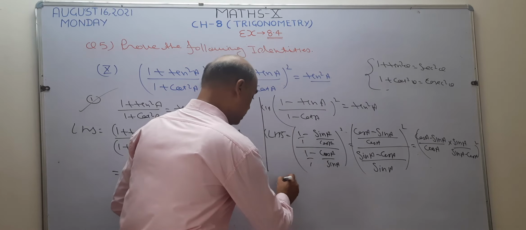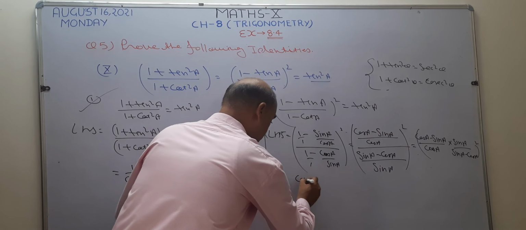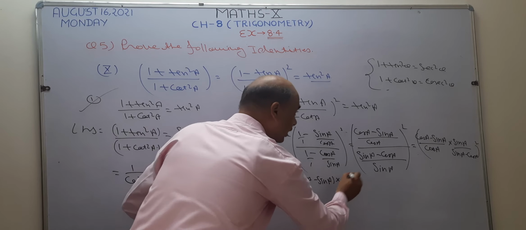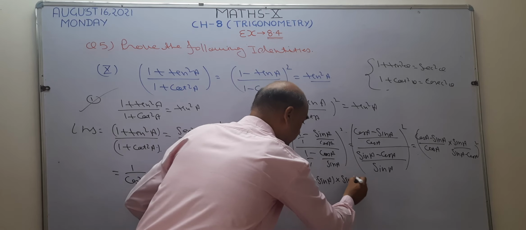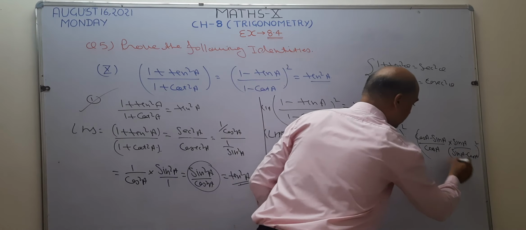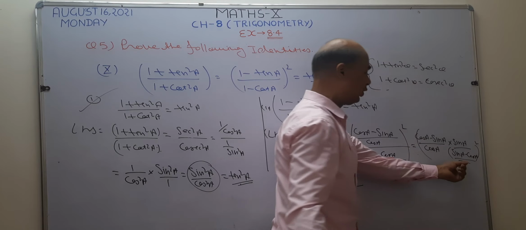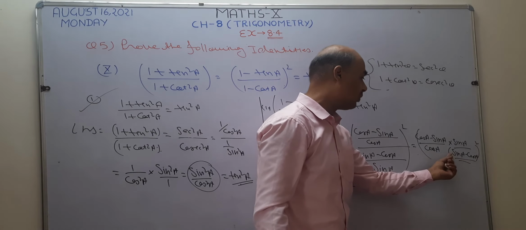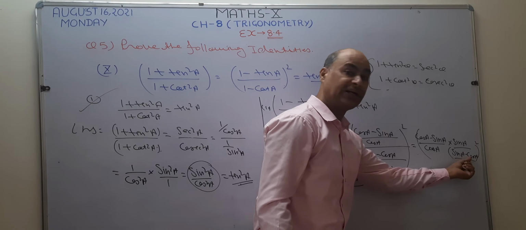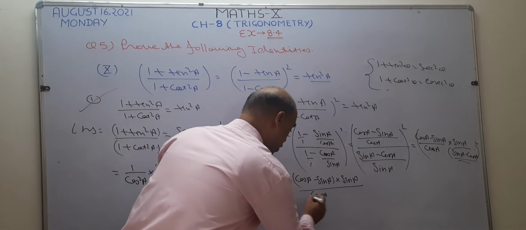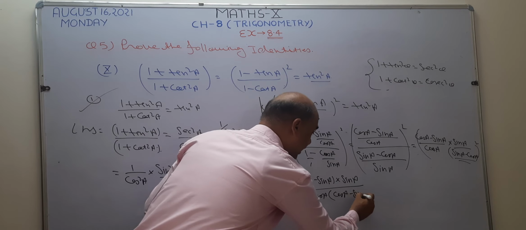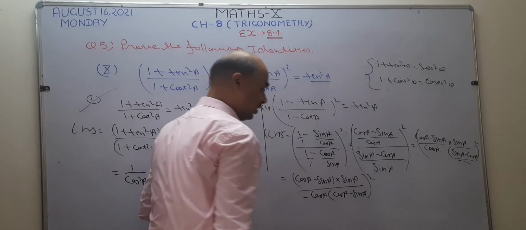Now I write the first part as it is: cos A minus sine A upon cos A, into sine A upon sine A minus cos A. Now I want to take something common. I want to take minus common from the denominator part. When I take minus common, the negative becomes positive and the positive becomes negative. So after taking minus common, I write here cos A minus sine A and its square is there.